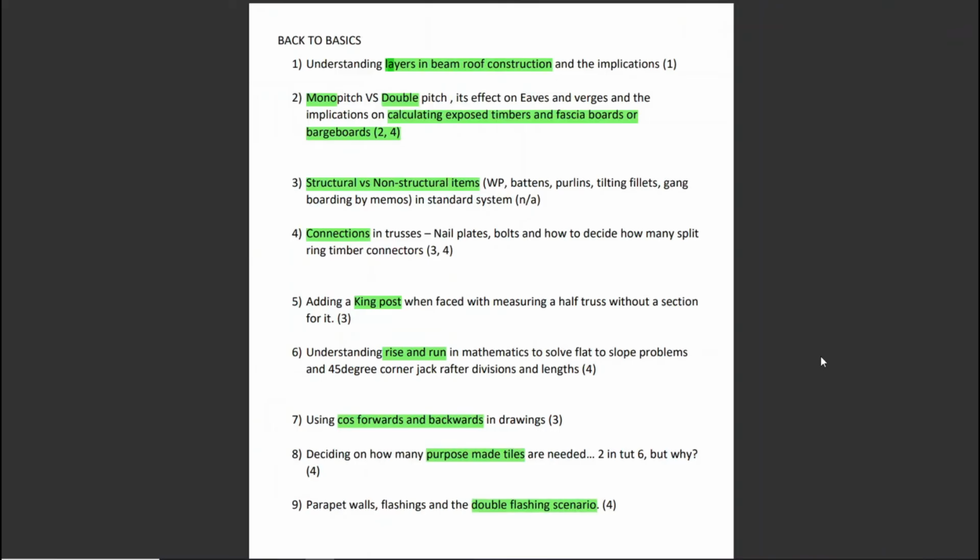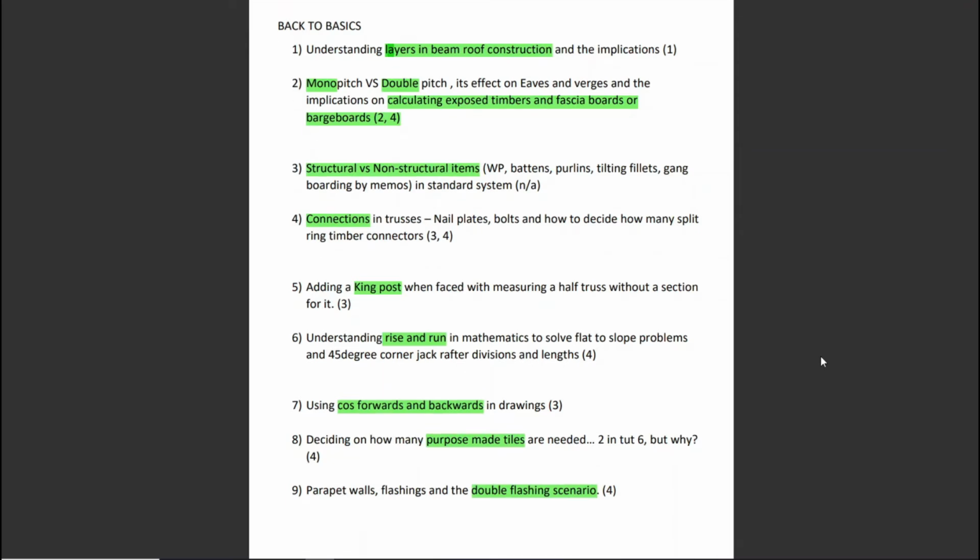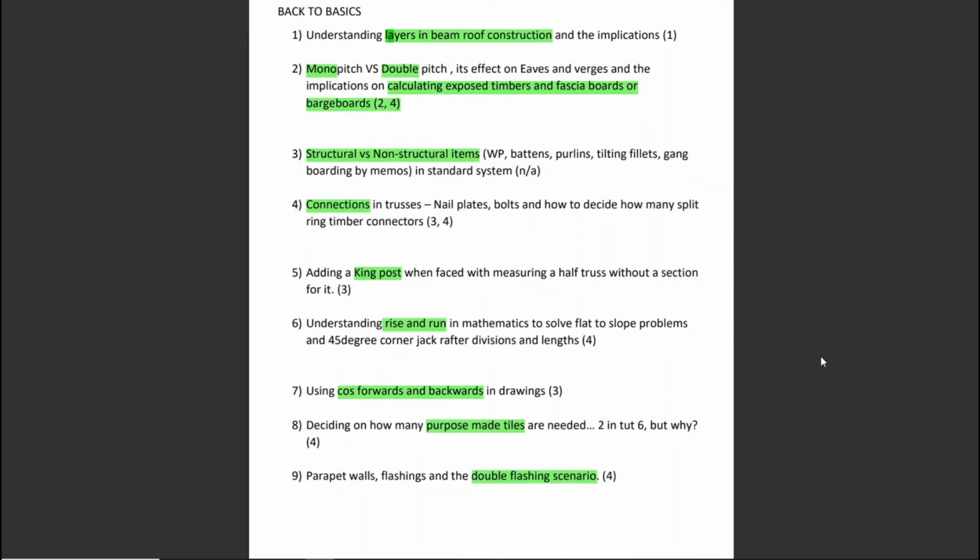Let's go back to the basics here. So I've explained the barge board and fascia boards. The one runs with the slope, the other one along the slope, and it's the same with the timbers on eaves and verges. Your structural and non-structural items, every now and then I just catch myself wondering, okay, is this item less than 2.4, or do I just say it is as the description is and not include this?